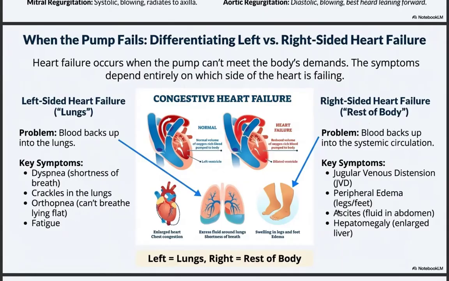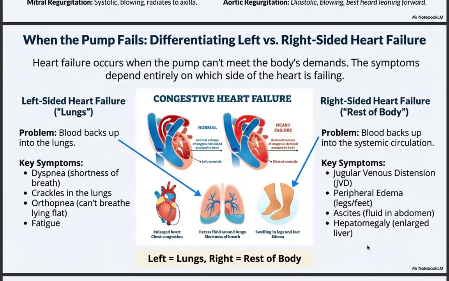And then ascites. So ascites is fluid buildup in your abdomen, and it's because of your hepatic portal vein. So if you guys can remember that ascites comes from the hepatic portal vein, you're going to be golden on kind of how ascites works. All of these are also called third spacing, which just means that fluid is in areas where it's not supposed to be.